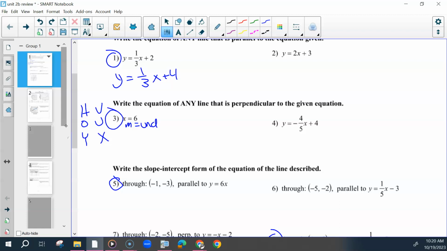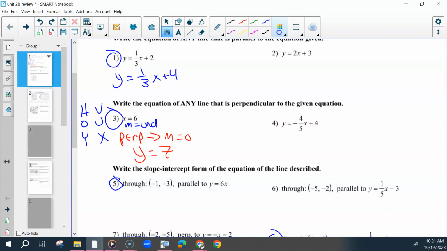Y. So for the perpendicular, we need a 0 slope, which would be a y equals. Since we're writing any equation that is perpendicular, it could be any y equals equation. So give me a number. 7. 4. These two equations would be perpendicular. It could be any number. Questions on that?